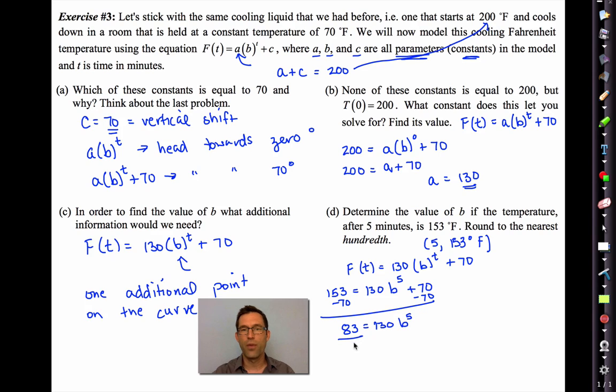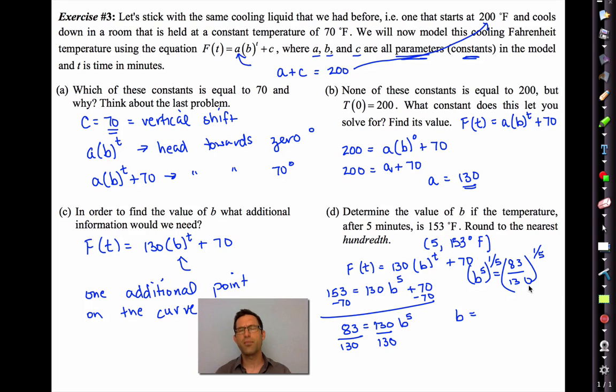Now I'll get rid of that 130 by dividing it on both sides. And I'll have b to the 5th equals 83 divided by 130. And now I can get rid of the 5th by either taking the 5th root of both sides, or better yet, let me raise both sides to the 1/5. So b will be 83 divided by 130 to the 1/5.